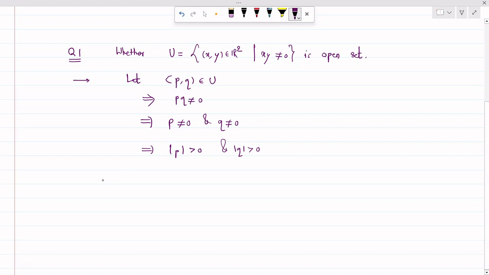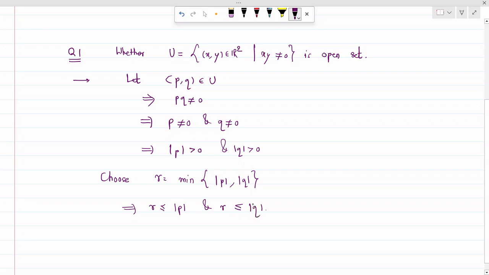What I will do is choose the radius. So let us choose r equal to the minimum of mod of p and mod of q. So one thing is sure, that because of this, r is less than or equal to mod of p and r is also less than or equal to mod of q.